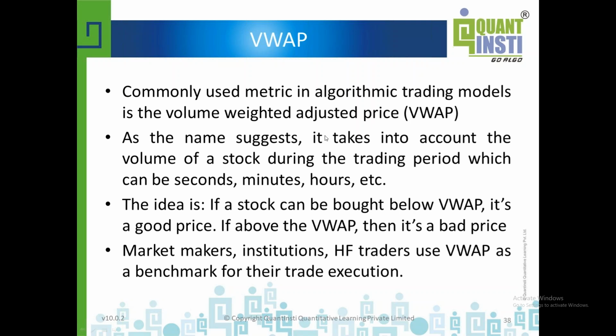Exactly. There was a question: can I assume that if the current VWAP is higher than my average price... No, your current price of the stock should be higher than the VWAP, then you can sell it. Because you can only sell at the current price; you cannot sell at the VWAP.